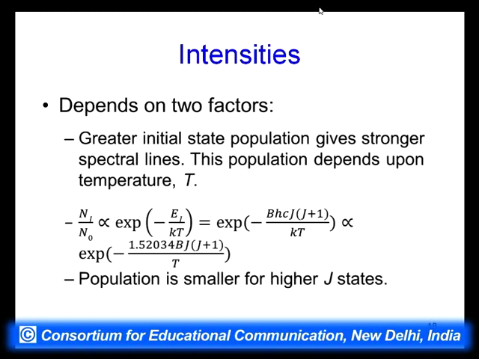So, this is equal to exp of minus B bar hc J(J+1) divided by kT, where B is B bar multiplied by hc, and all of these are constants, hc by k, so the value that we get is dependent upon the J value and on the temperature.